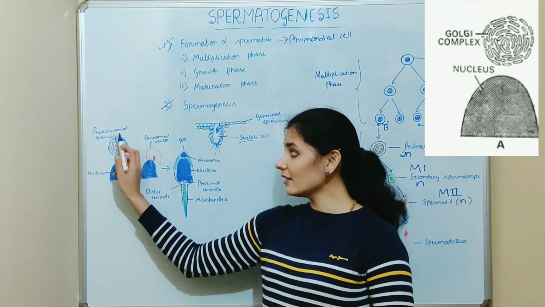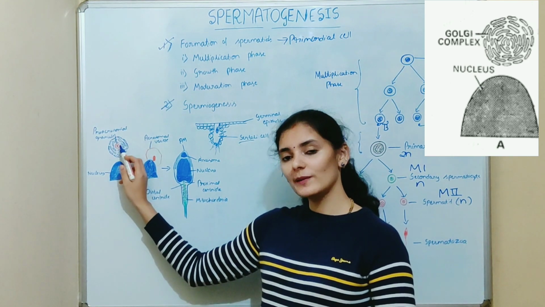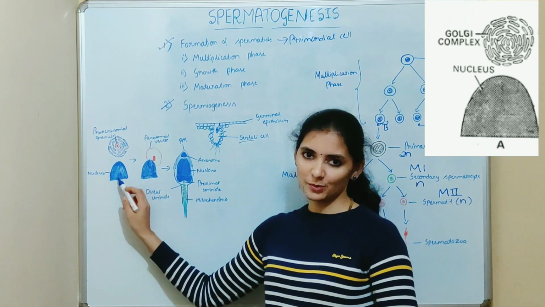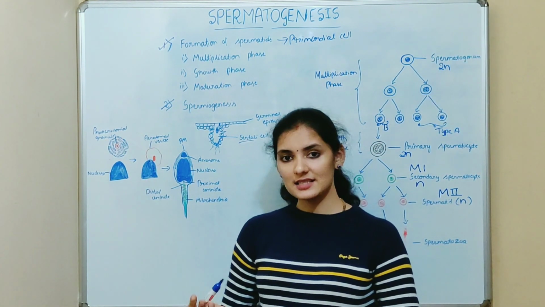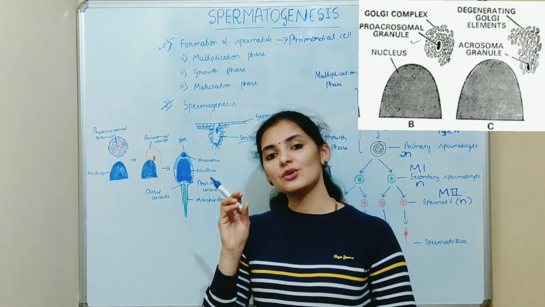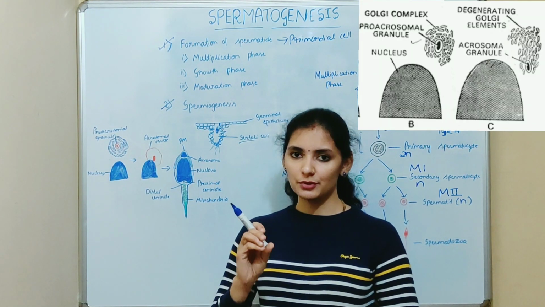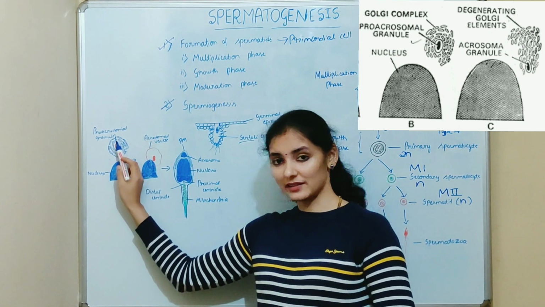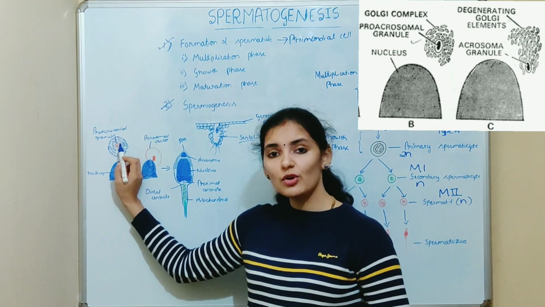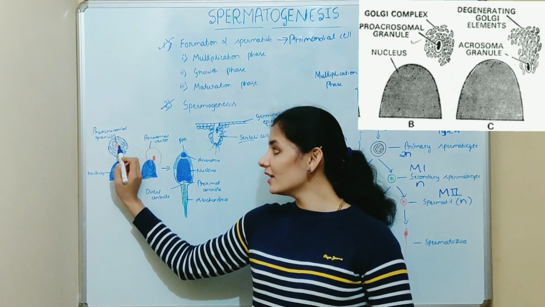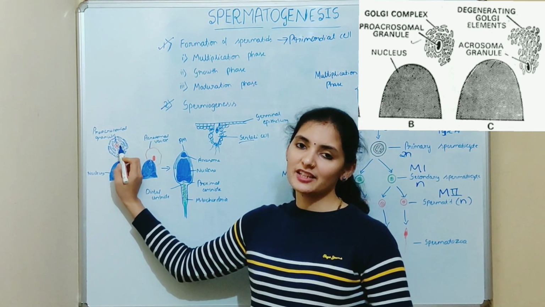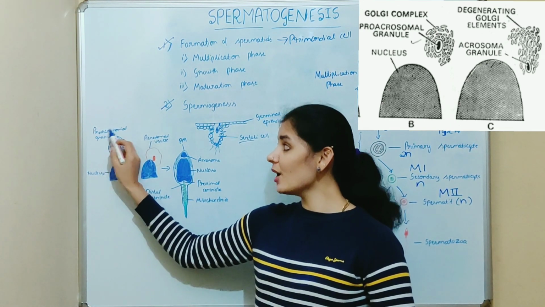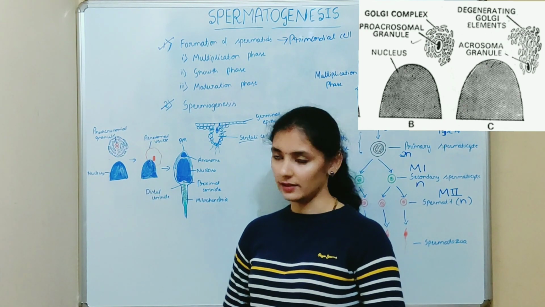At the beginning, the Golgi apparatus accumulates at the anterior region of the sperm nucleus. In the next step, a few vacuoles of this Golgi apparatus fuse to form a large vacuole which occupies a central region. Soon after the formation of the large vacuole, a granule develops inside this vacuole, called a proacrosomal granule.